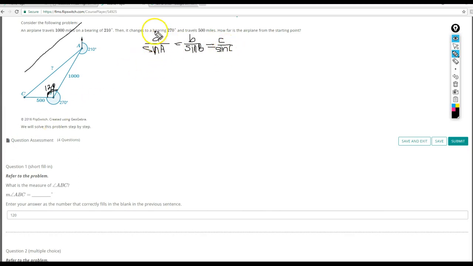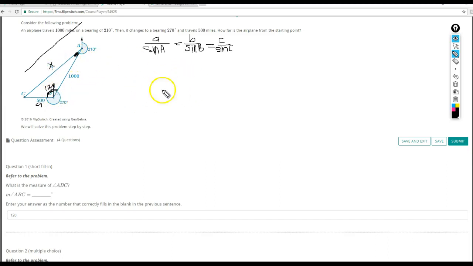But I'm going to notice that little a represents side length A, which would be 500, and the sine of A is right here in the triangle. I don't know that angle, even though we may know the side length. B is the one that we're wanting to find, and I have that angle.